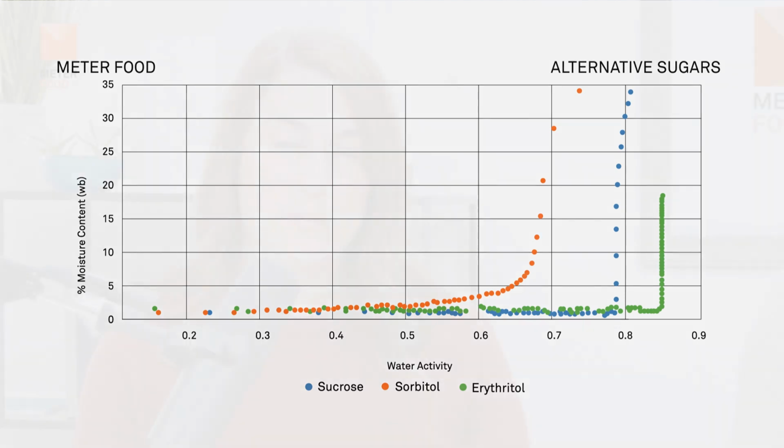Conversely, when we look at sorbitol, it does have a more gentle effect, and it did have a good humectant response. So it starts taking up moisture pretty much from the get-go. Around 0.7, it really starts to take off and bind with the water a lot. So that's some easy things we can just learn from looking at this isotherm.